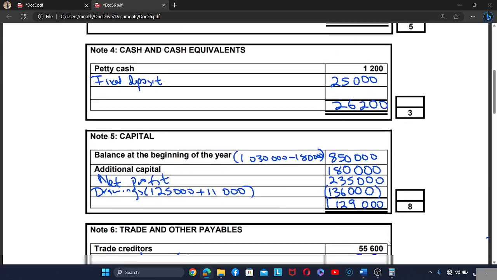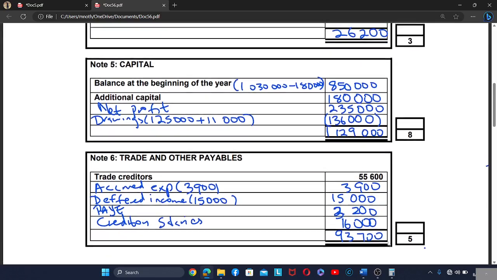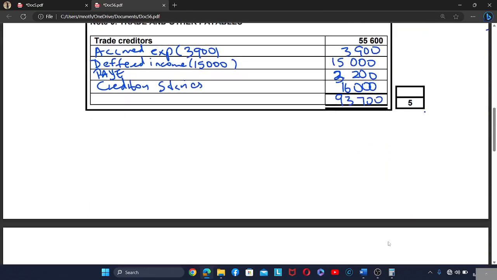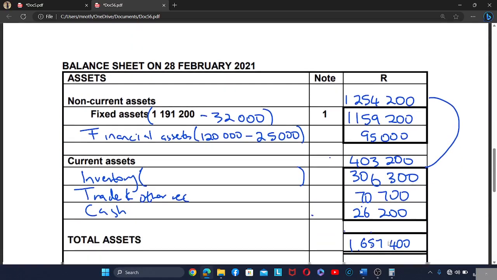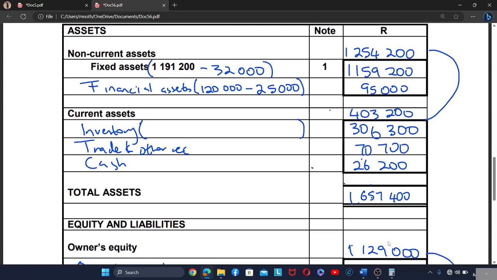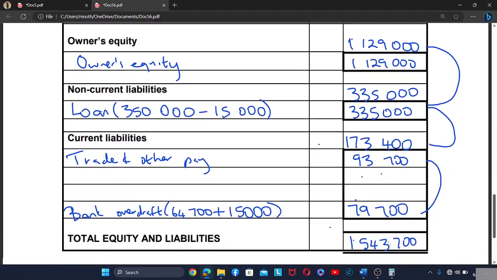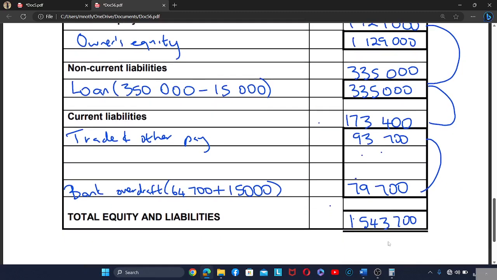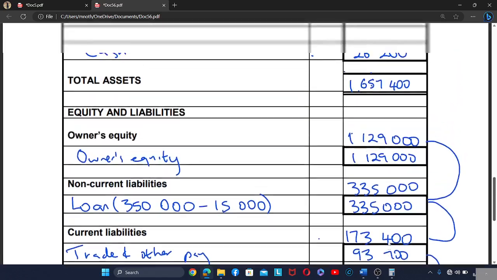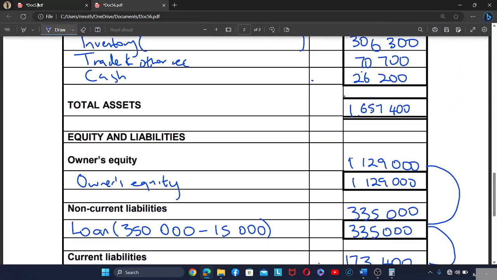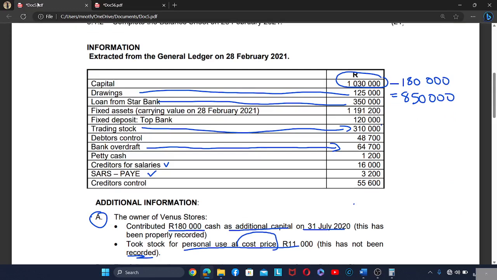So far, there is no mistake here. So we may have made some mistake when doing the calculations, because there is no mistake here. Let me check. Where is that mistake? Because right now I don't see any mistake.